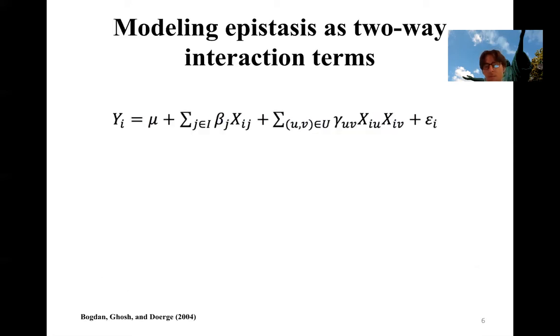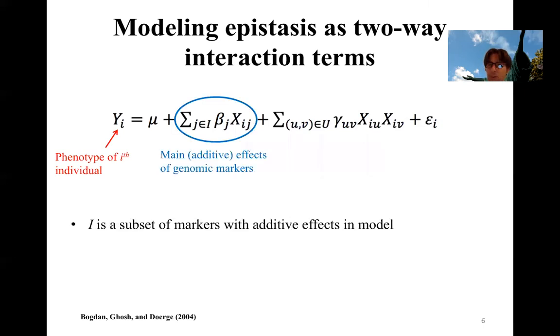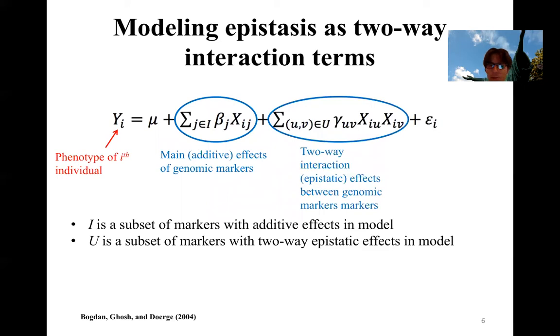This is how we quantify epistasis in a statistical model. Don't worry, there's not going to be a pop quiz on this model, but we just want to open the hood and see what's going on behind the scenes. Like I said a couple of slides ago, our Y variable is our phenotype or trait of interest. Then we undergo a statistical selection procedure to determine a set of markers that have an individual non-zero effect on our trait.